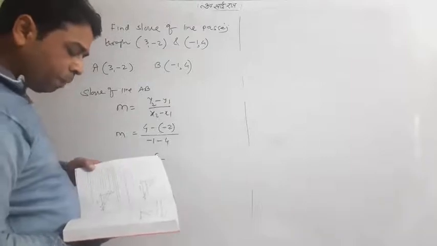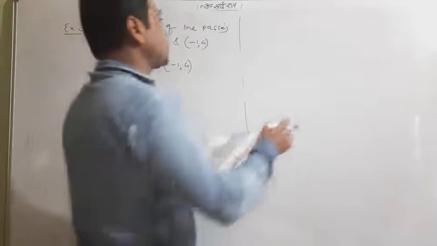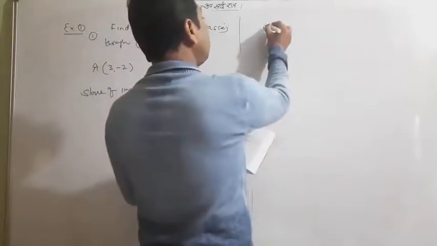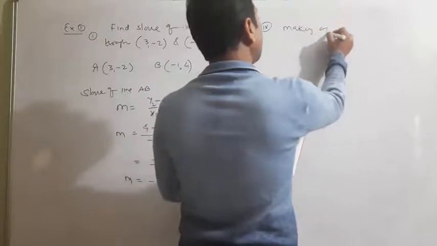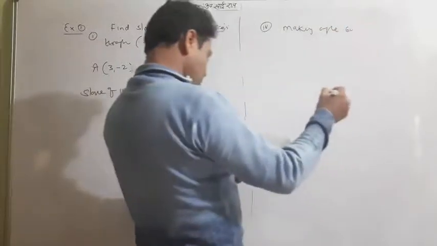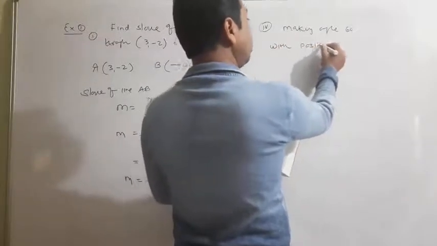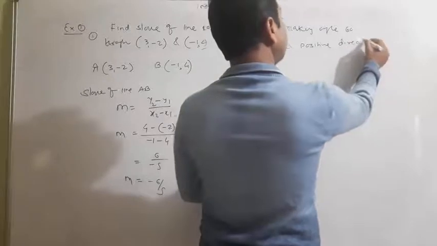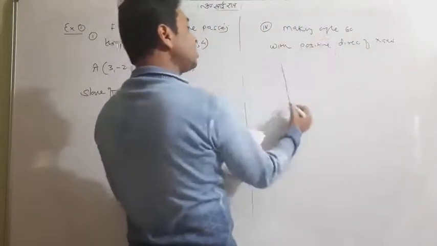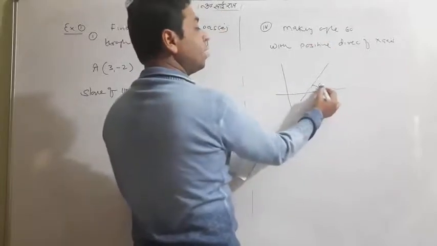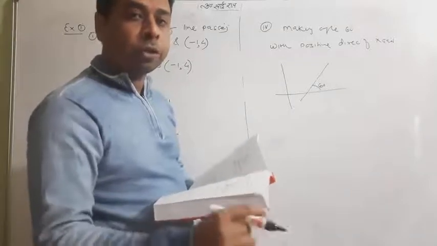In example 1, the last question, part D: making an angle of 60 degrees with the positive direction of the x-axis. This language says this angle is 60, the angle made by the line with the positive direction of the x-axis.